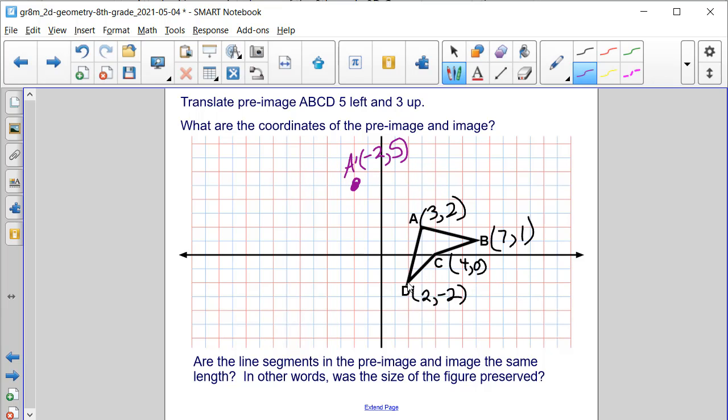Now let's do the same with point D. Left 5, 1, 2, 3, 4, 5, and up 3, 1, 2, 3. So D prime is at -3, 1. Now let's look at C. Again, we're going to go left 5, 1, 2, 3, 4, 5, and up 3, 1, 2, 3.